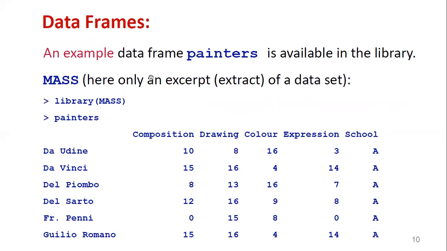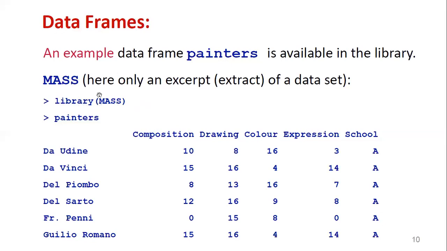Then an example data frame, painters, is available in the library MASS. Here it is only an excerpt, meaning an extract, of a data set. Simply you have to extract the data set painters from the package MASS. So for that, first we have to call that library using the library command.